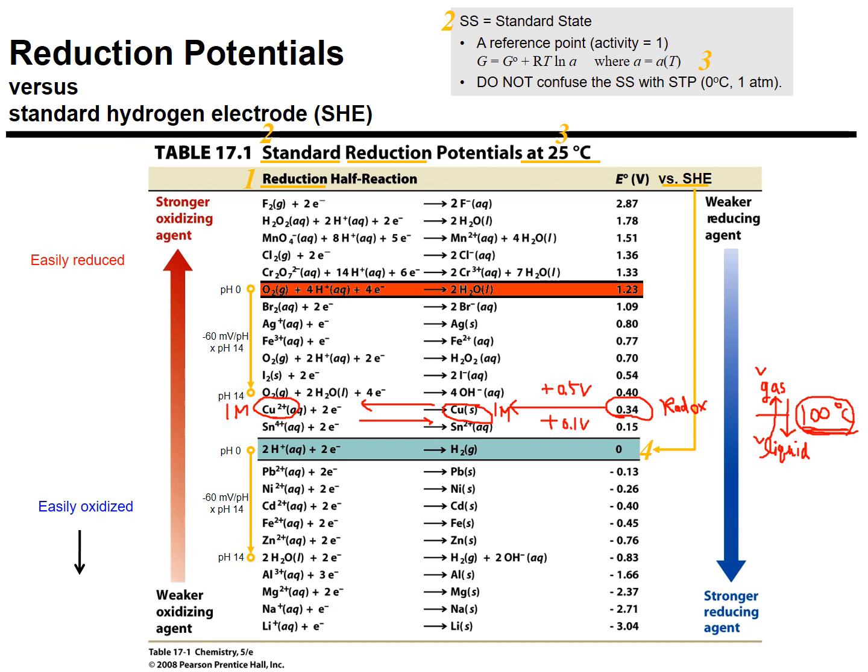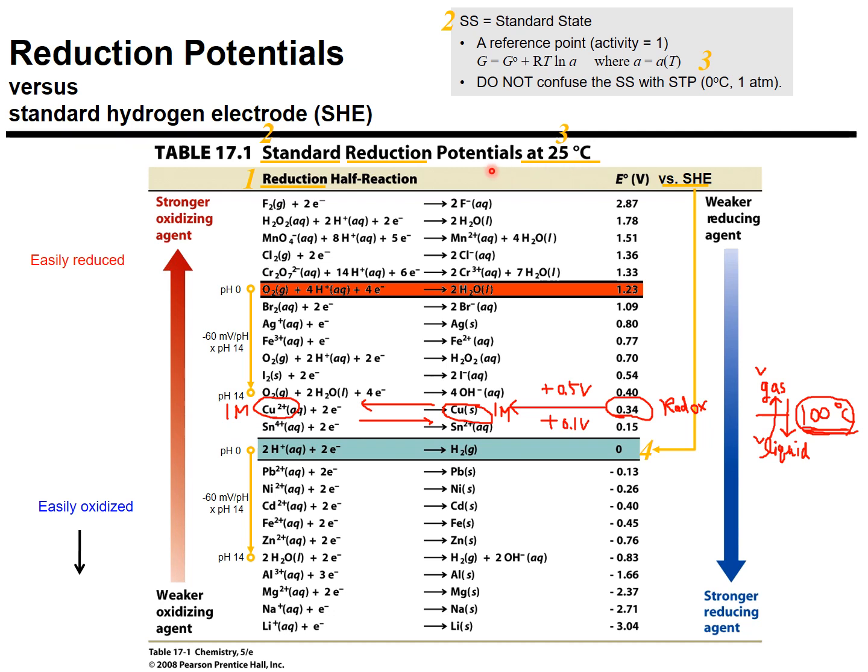And let's go to the title of this table. Let me change the pointer to pen. No, pen to pointer. And then the title of this table is Standard Reduction Potentials at 25 Celsius degree.